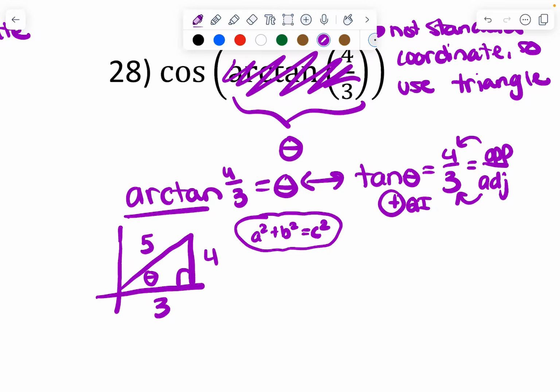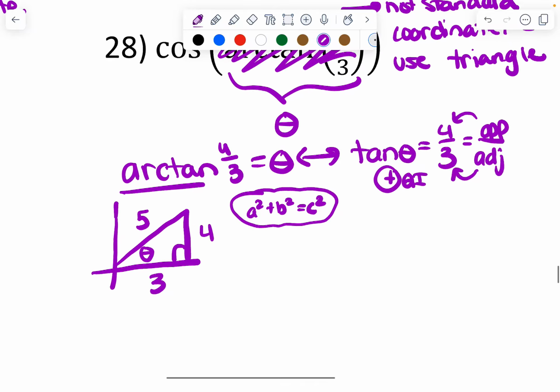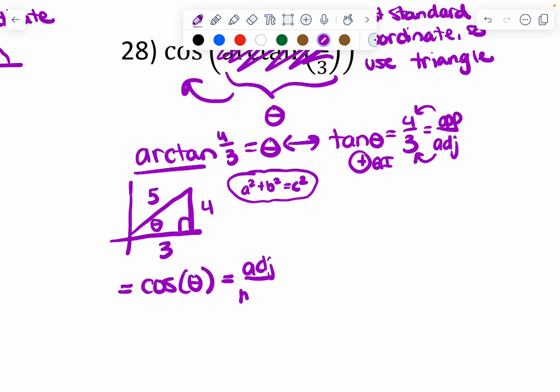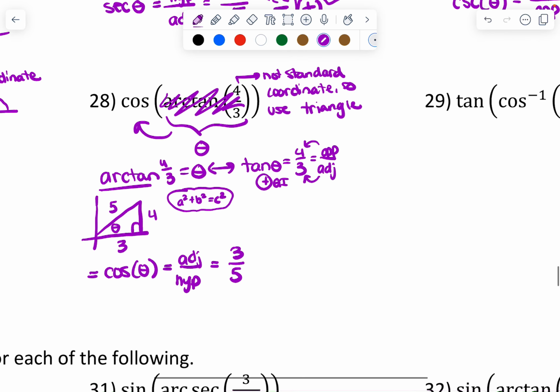We were able to figure out the relationship that theta has with this triangle. So now we will work our way out. So we end up with cosine theta is equal to, well, cosine is going to be adjacent over hypotenuse. The adjacent side is 3, the hypotenuse is 5. So we get 3/5 for this one.